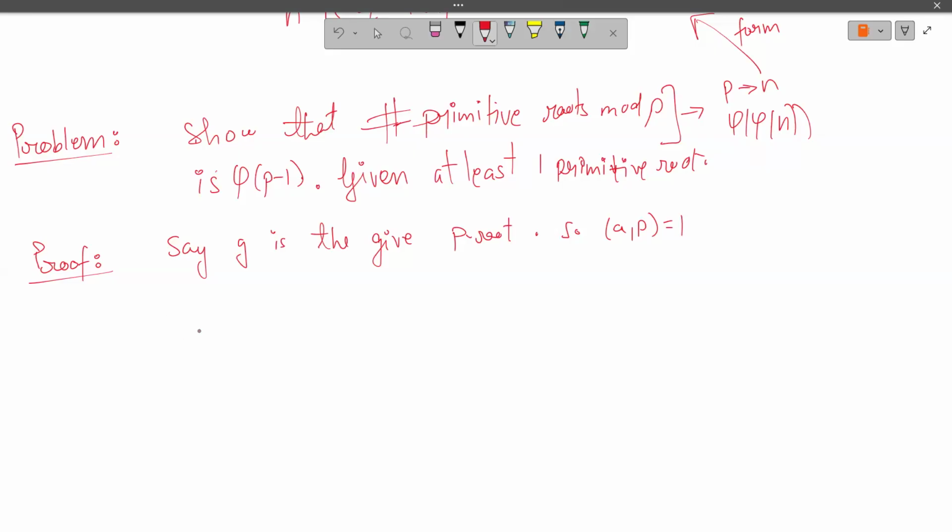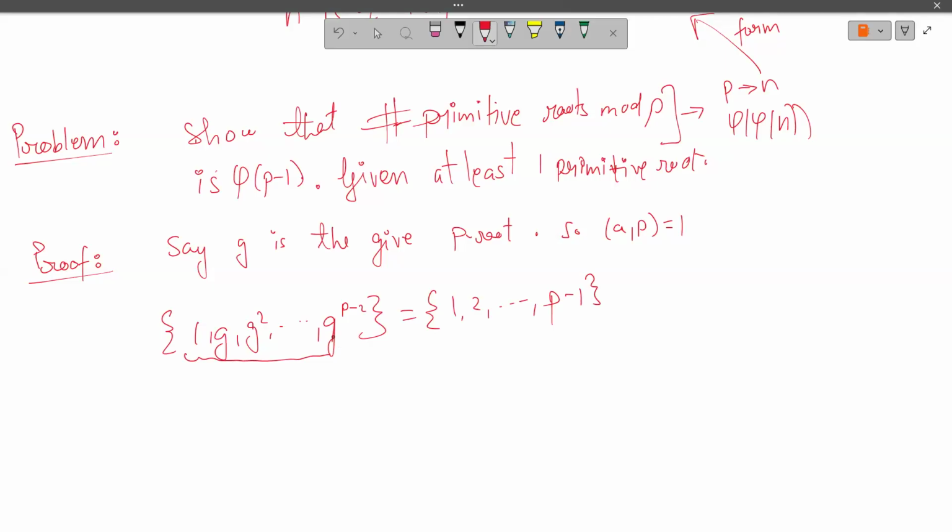We know that the set, I will start with one, g to the power 0 up to g to the P minus 2 is the same as the set 1 to P minus 1. Correct. So this set contains the other primitive roots as well.